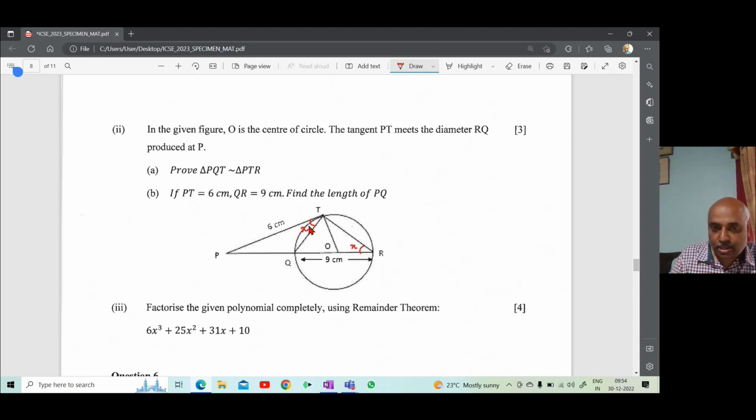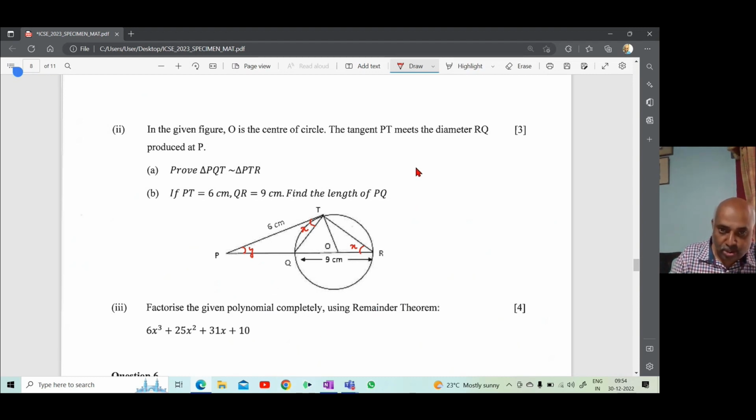The angle between the chord and the tangent should be equal to the angle in the alternate segment. And the second one is a common angle. So this angle, I'm taking it as Y. If I take triangle PQT, this is X and this is Y. If I take the other triangle, this is X and this is Y. Two angles are equal. That means the two triangles are similar.